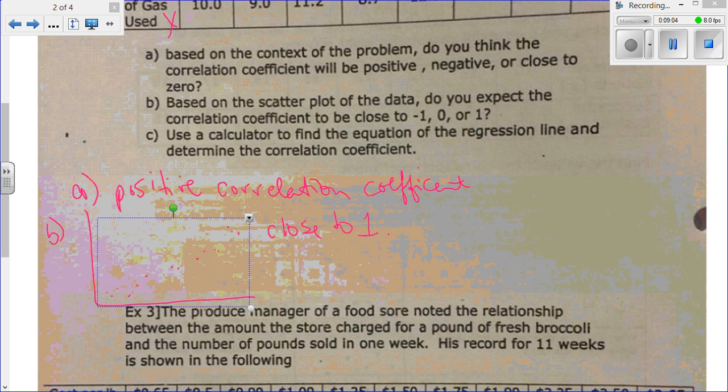Part C, use a calculator to find the equation of the regression line and determine the correlation coefficient. Well, once I put my data in, I need to find A and B and my correlation coefficient.